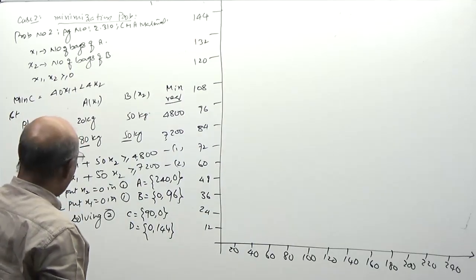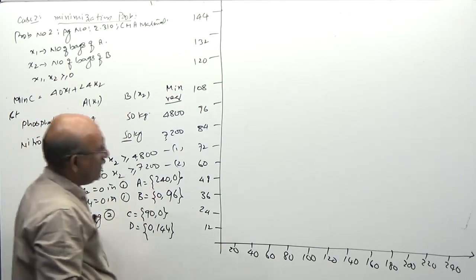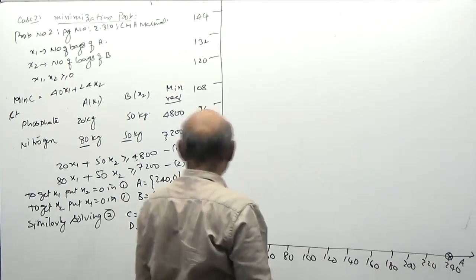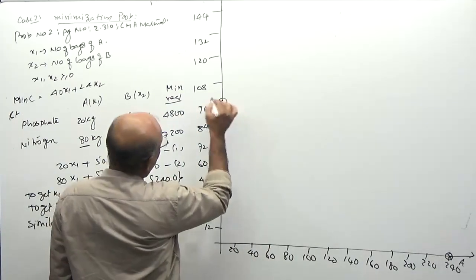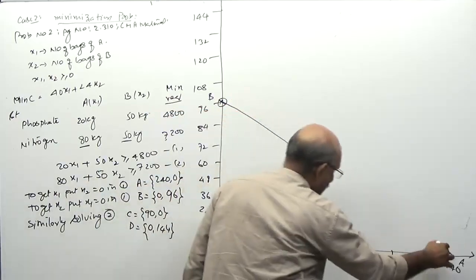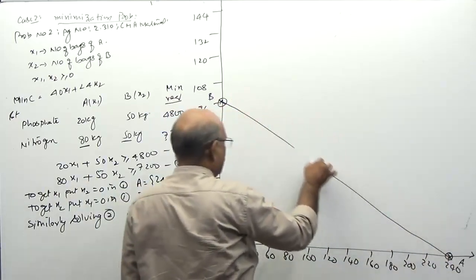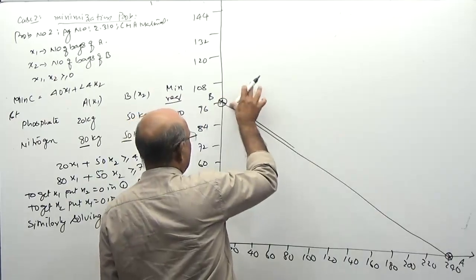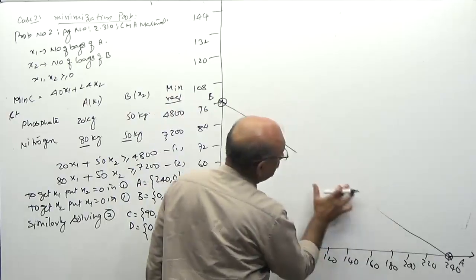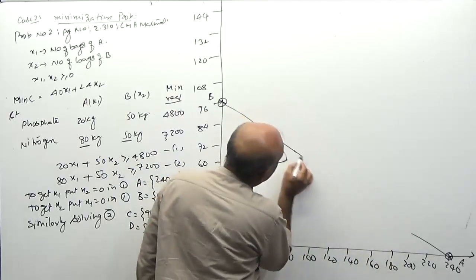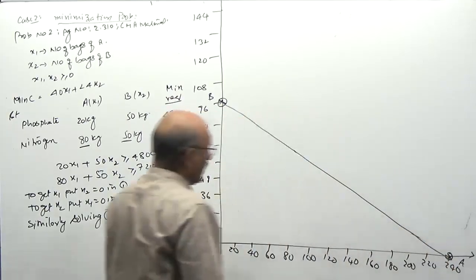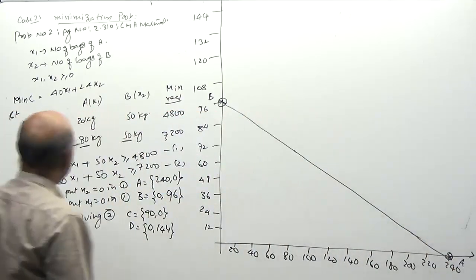Okay, sir. What is the first point? 240 comma 96. 240 is on the x-axis, A, and 96 is on the y-axis, B. Joining these two, you will get a line equation.